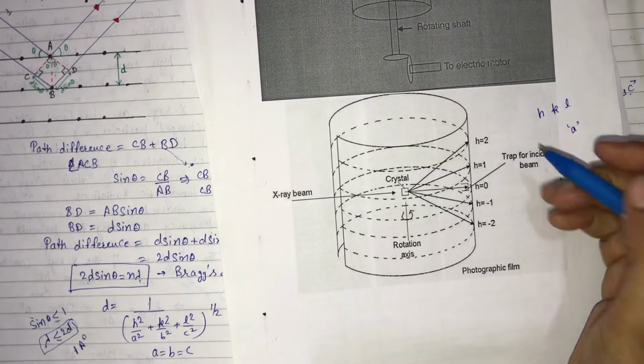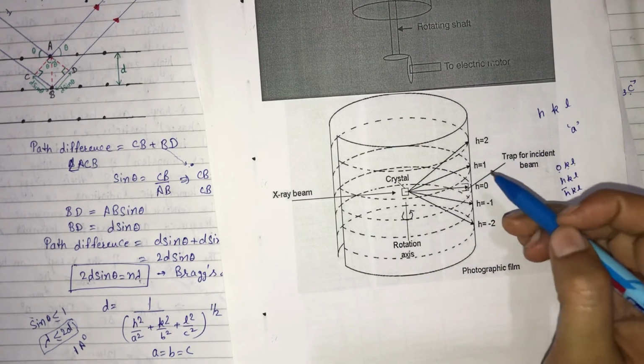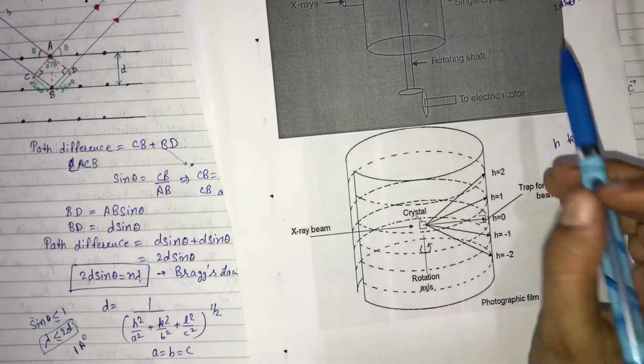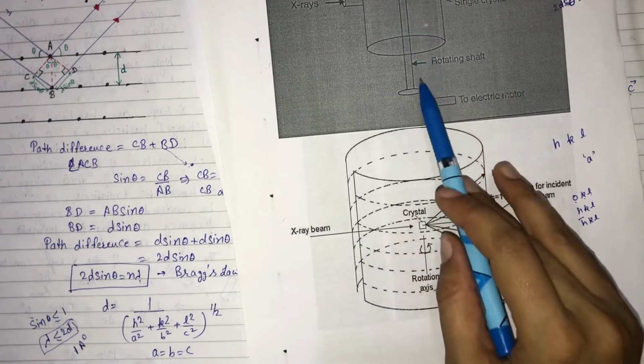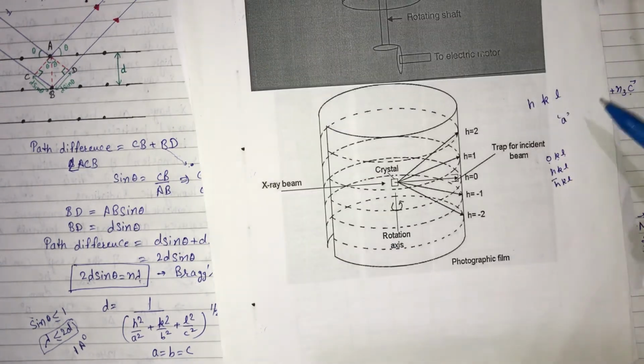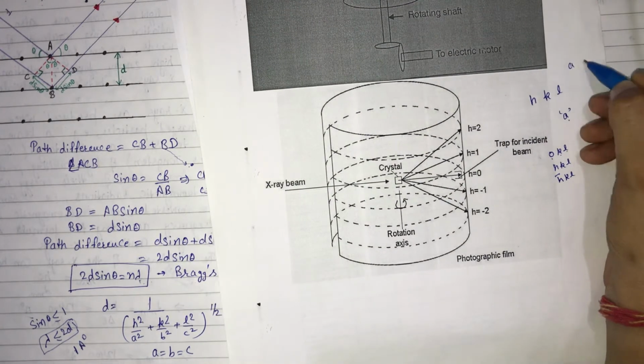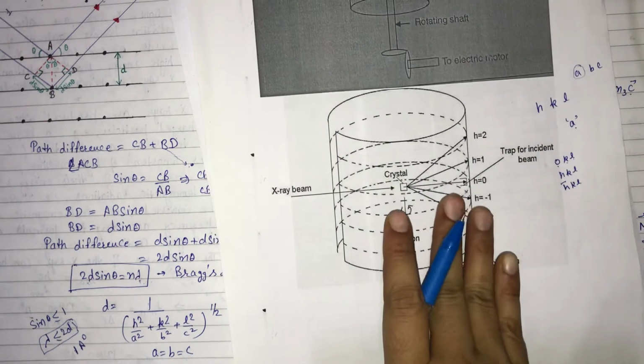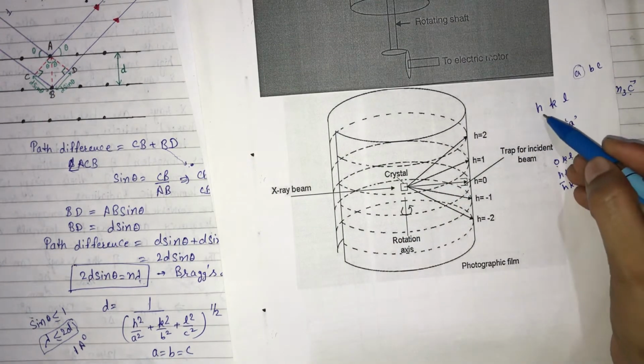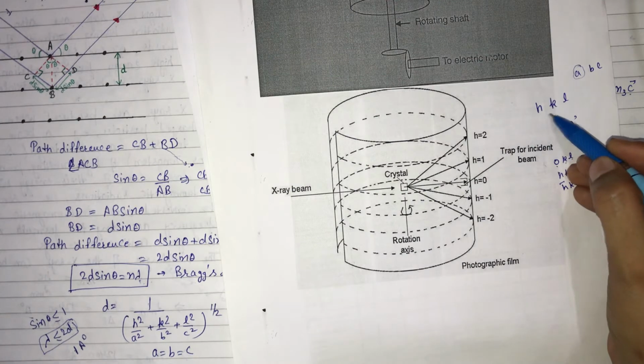Clear? I repeat again. In the case of the crystal rotating method, the crystallographic axis coincides with the rotation axis. Suppose there are three crystallographic axes A, B and C, and suppose A coincides with the rotation axis. Clear? So there are different planes having different HKL values.